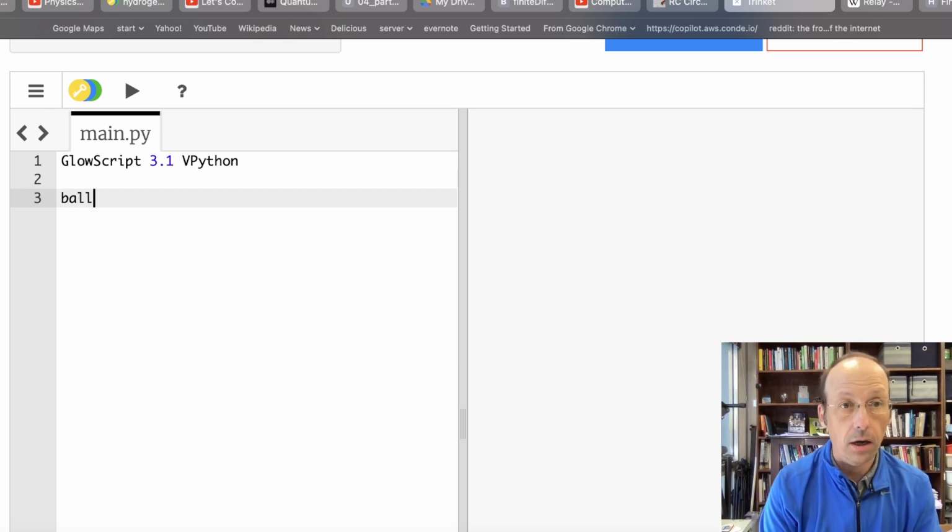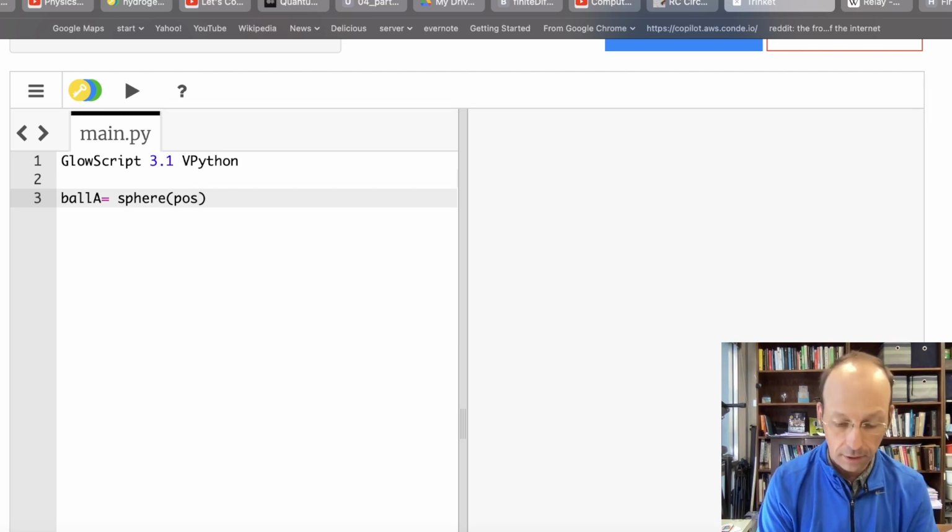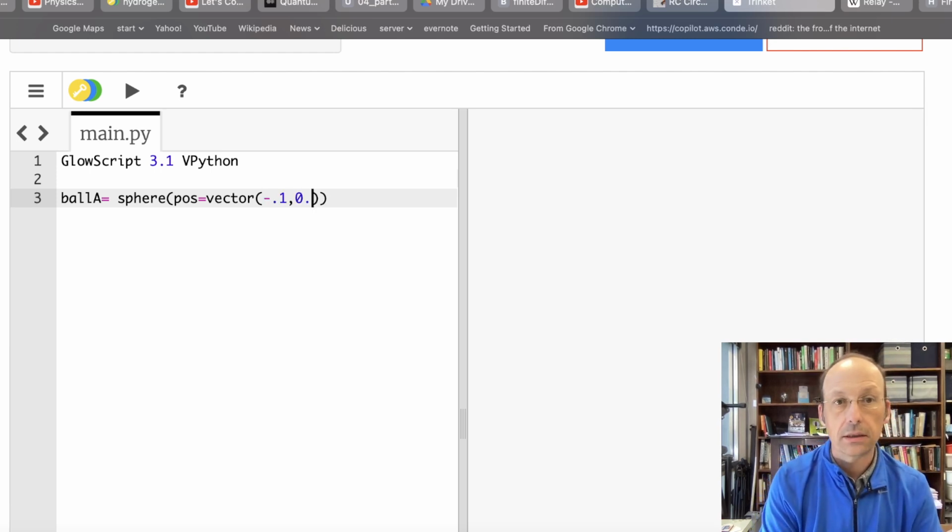Okay, so ball A equals a sphere. Its position, in my mind I'm thinking of where these start off. I don't want them too far apart. So vector, they're like tennis ball sized, so let's put that about 10 centimeters. So negative 0.1, 0. Let's make it move in a line.